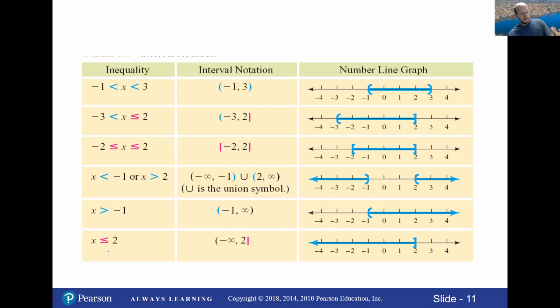All right, now there's another way to represent these, and that's called interval notation. Okay, so I have a bunch of inequalities here. Then I have the interval notation along with the number line graph for you guys to look at. So if I have -1 is less than x is less than 3, that's everything basically between -1 and 3, not including those.